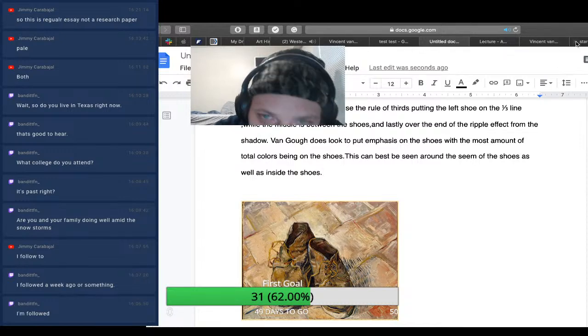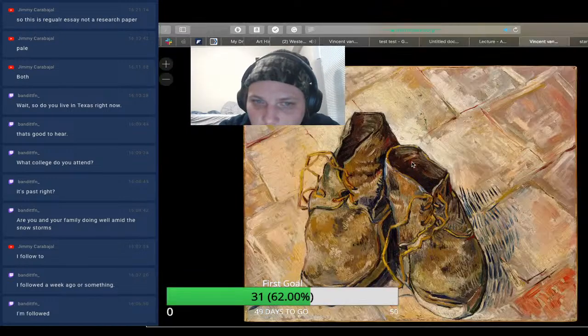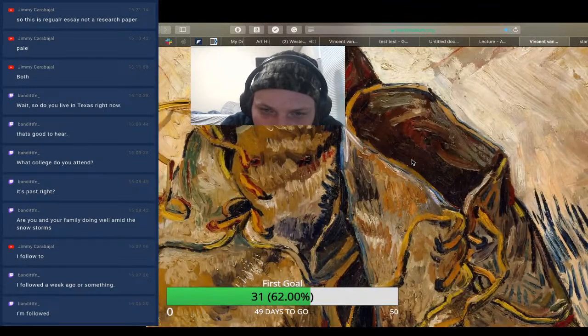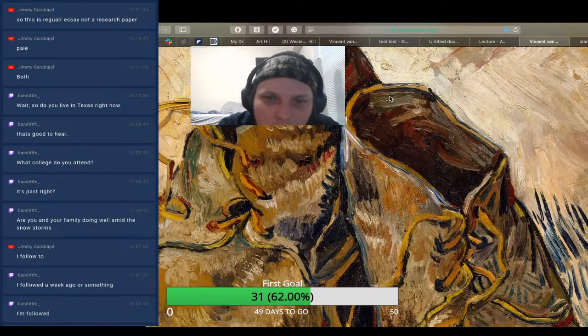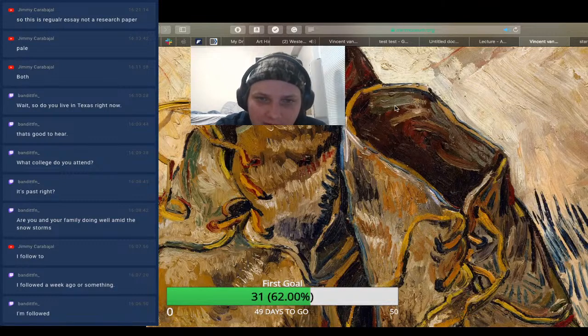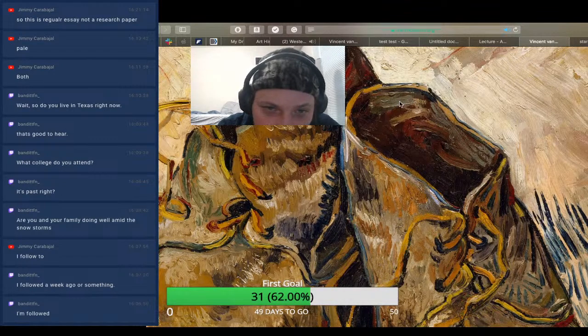Is that reds inside the shoes, it looks like? There's even green. I'm not sure what this color is right here. It looks like a gray. It's almost a grayish green, I would say. Grayish green, dark green. You have blacks, you have browns, you have reds, you have golds, I would say.